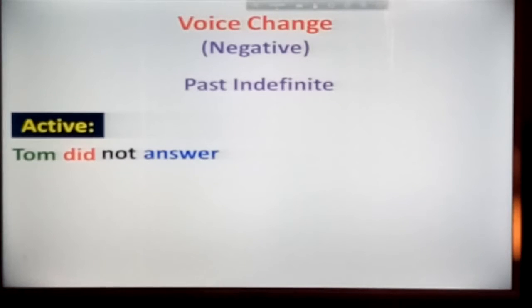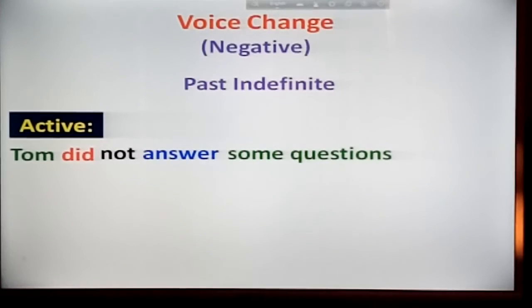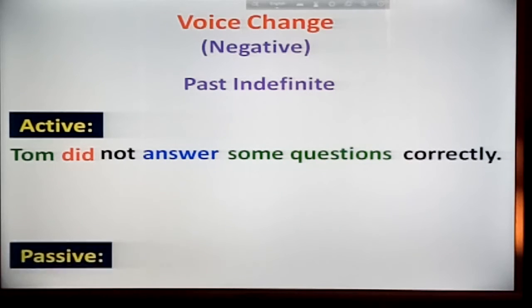Although the tense is past indefinite tense, the main verb is in the basic form because of the auxiliary did. Okay, after the main verb comes the object, and then we can use an adverb to add extra meaning to the sentence.